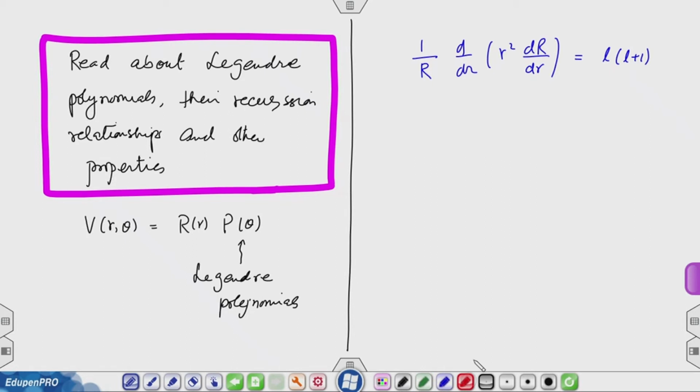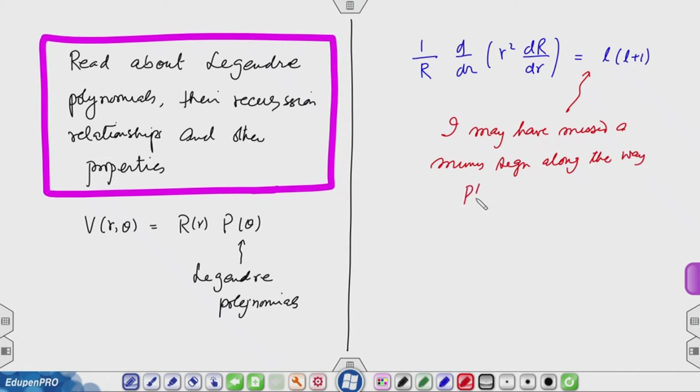Let me just warn you here, I may have missed a minus sign along the way. Please correct it. So, the equation that you get is r square R double prime plus 2r R prime minus L(L plus 1) R equals 0.